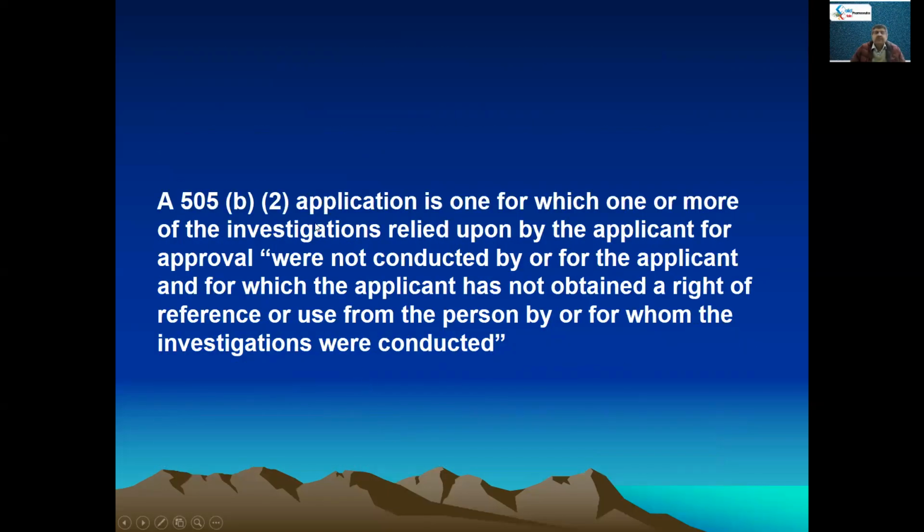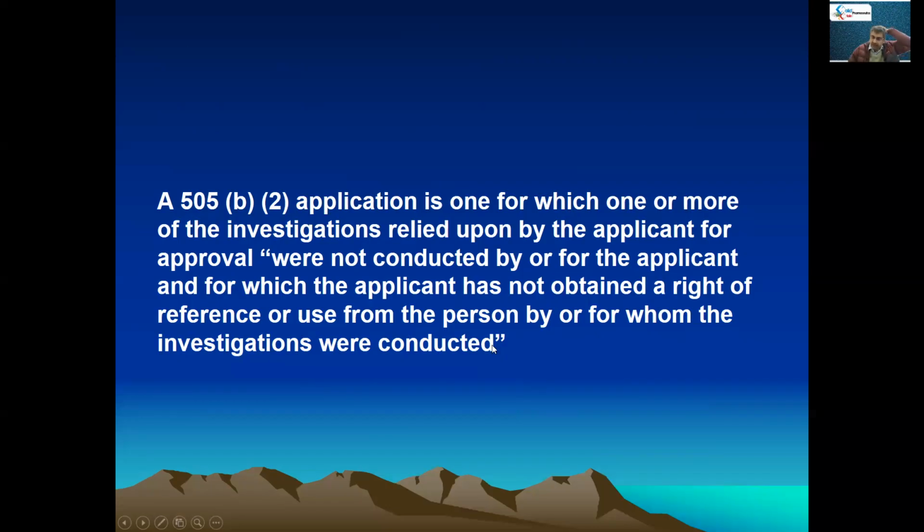A 505(b)(2) application is one for which one or more of the investigations relied upon by the applicant for approval were not conducted by or for the applicant, and for which the applicant has not obtained a right of reference or use from the person by or for whom the investigations were conducted.